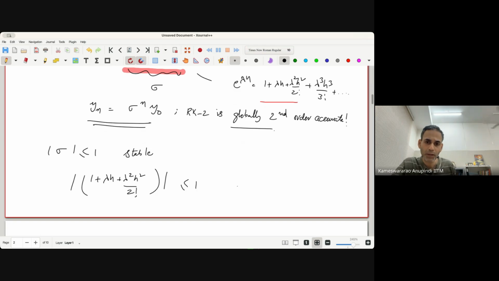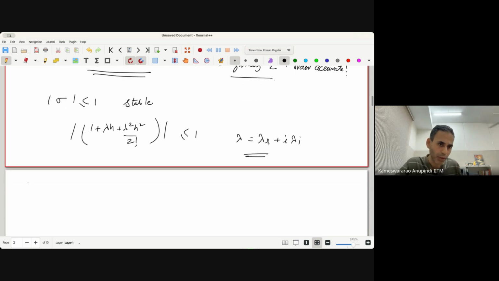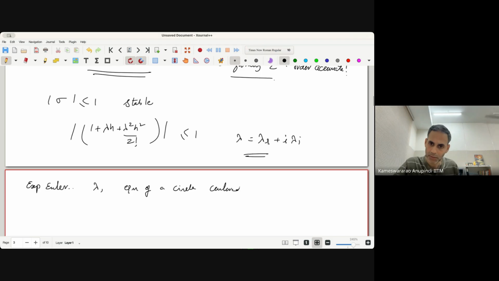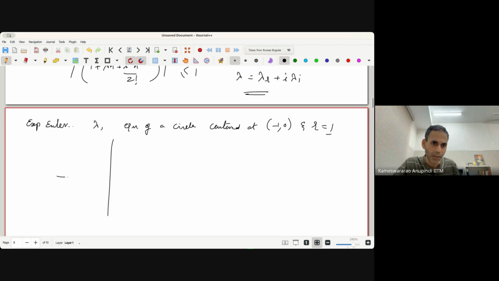Okay, but we know that in general lambda can be a complex number, right? That means lambda can be equal to lambda real plus I times lambda I. Unlike before, in the case of explicit Euler, when we substituted for lambda, we got an equation of a circle centered at -1, 0 with a radius equal to 1. So we were able to draw the stability diagram for the explicit Euler.